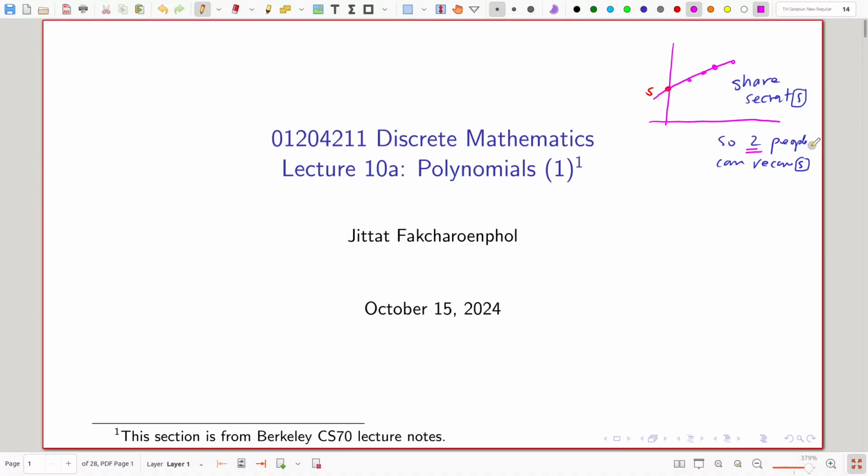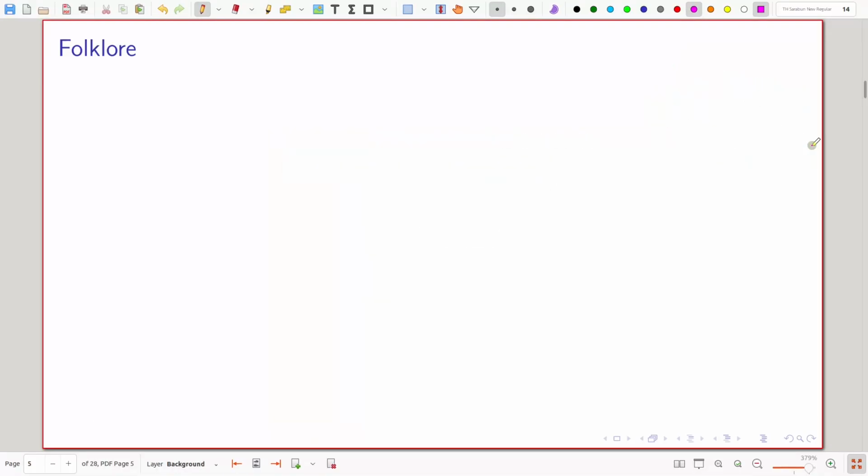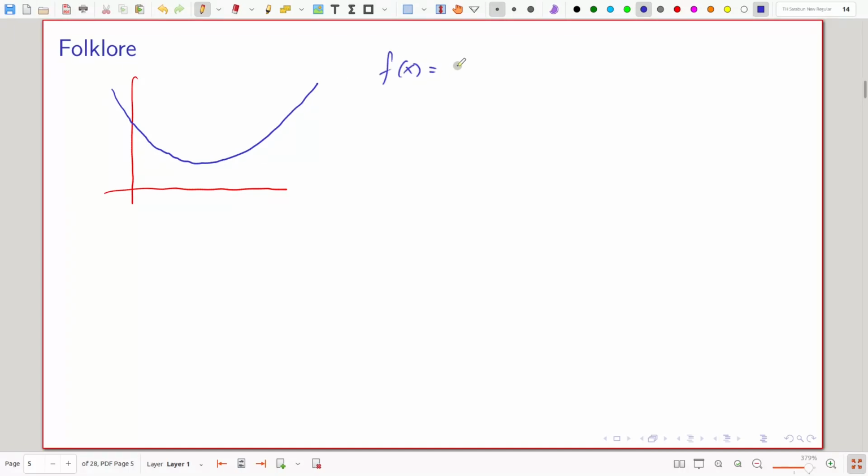A straight line is a polynomial of degree 1. What is a polynomial of degree 2? It looks like a parabola, of the form f(x) equals ax squared plus bx plus c.